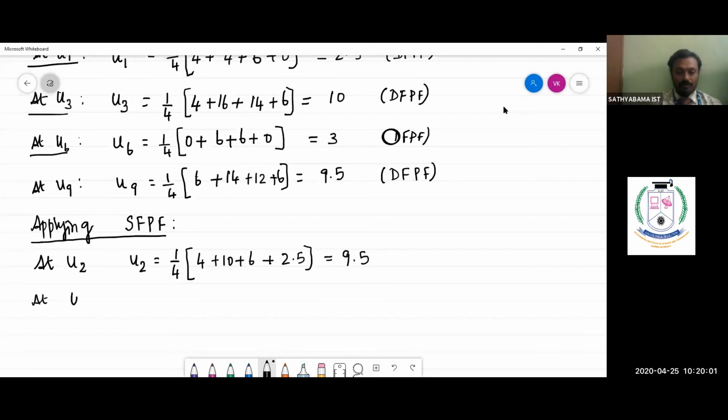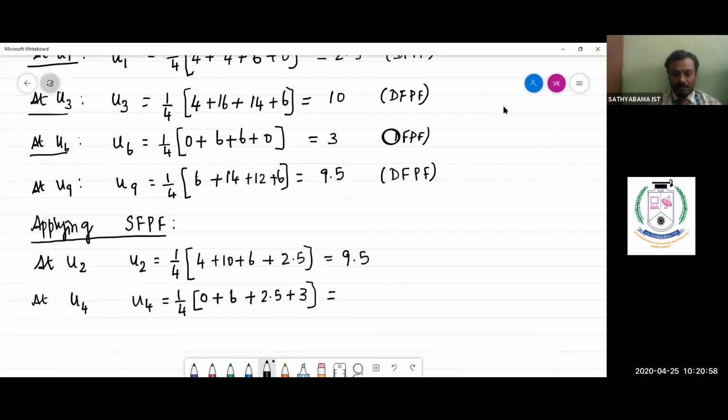Similarly, at U4, only these 4 values are missing. So U4 is equal to 1 by 4 into the value to the left, that is 0, plus the value to the right, that is going to be U5, which is 6, plus the value above, that is U1, which is 2.5, and the value below is U7, which is equal to 3.